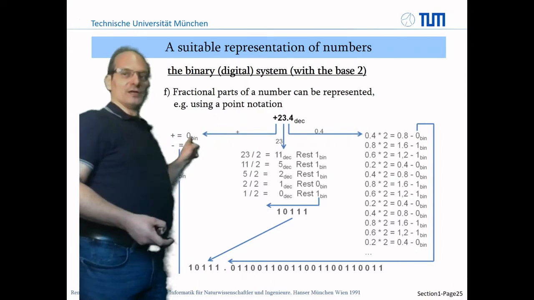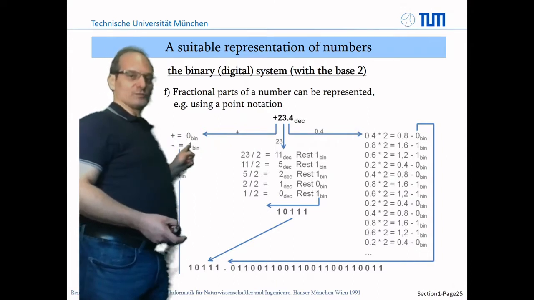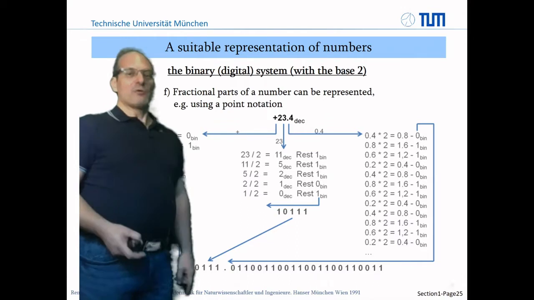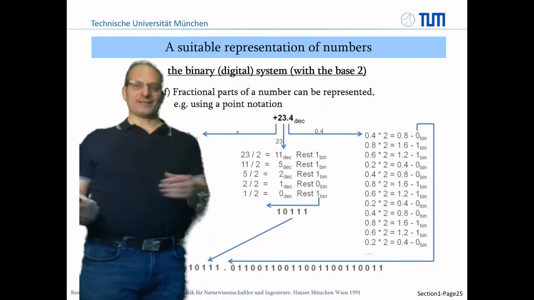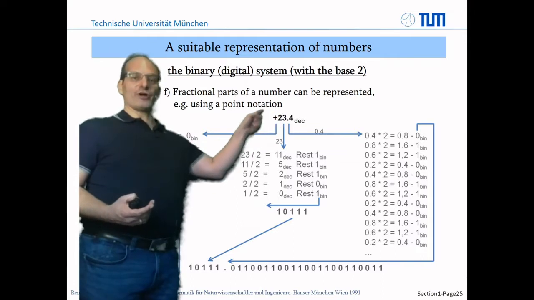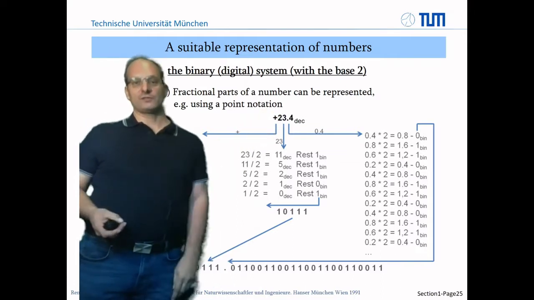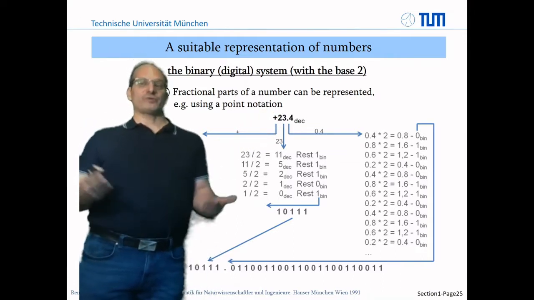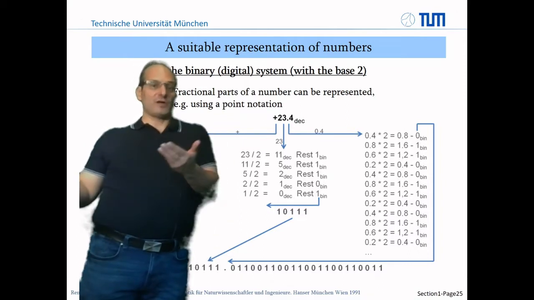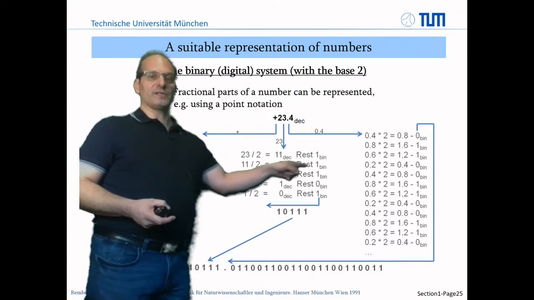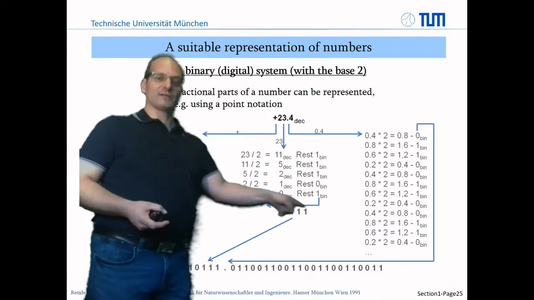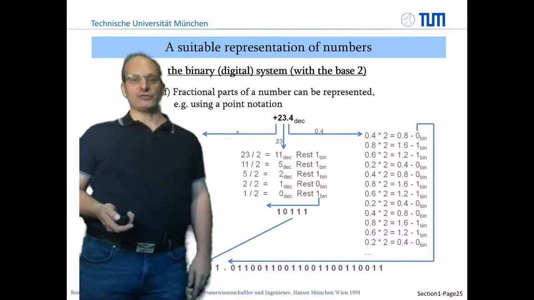So plus is 0, minus is 1, and we have 1 bit which represents the sign. We also know that everything in front of this dot can be represented like a normal binary integer number. So what we do is we divide by 2, and then we get a binary representation.